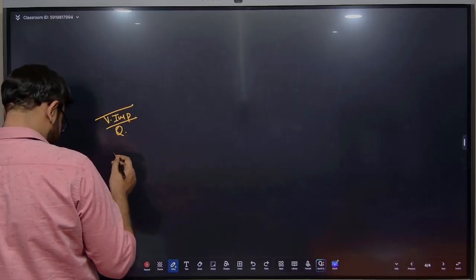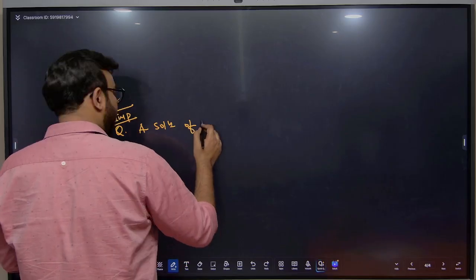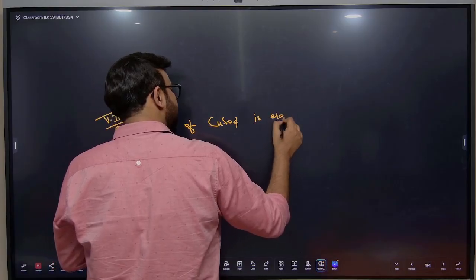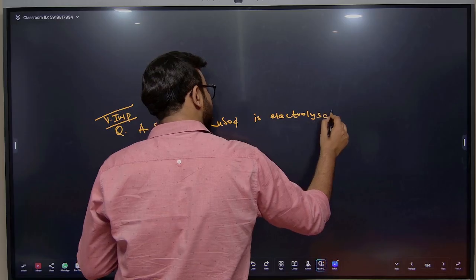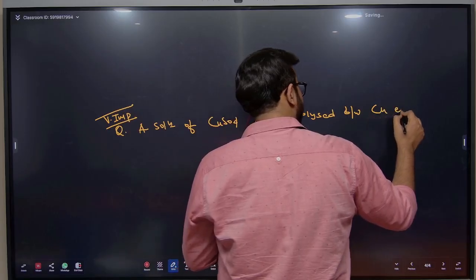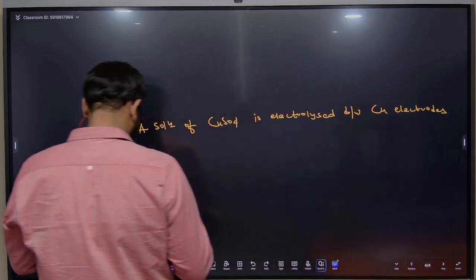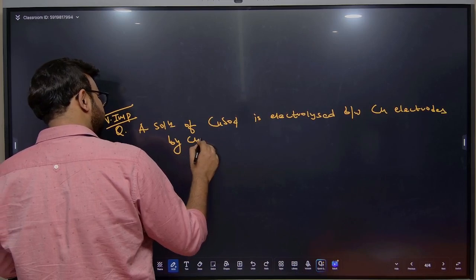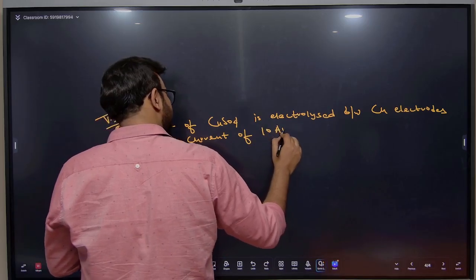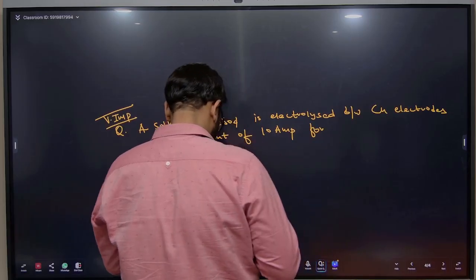So it says a solution of copper sulfate is electrolyzed between copper electrodes by a current of 10 amps for 15 minutes.